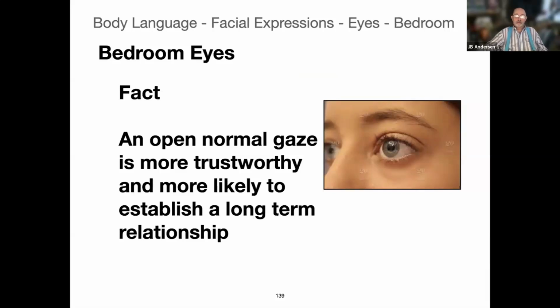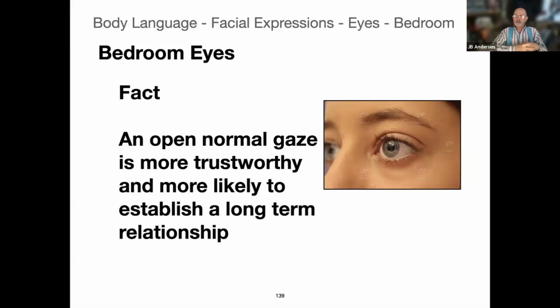The fact here is a normal gaze is more trustworthy. Your eye fully open. You're more likely to establish a long-term relationship with another person when you have your eyes fully open rather than half closed. So there's a conflict there.